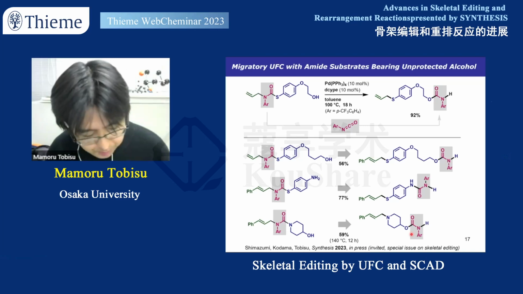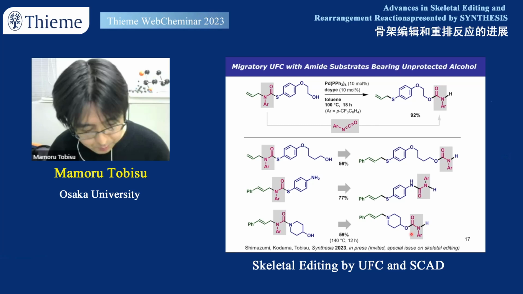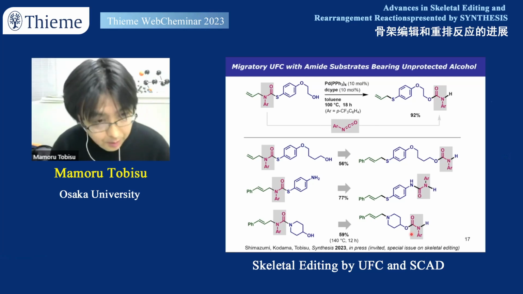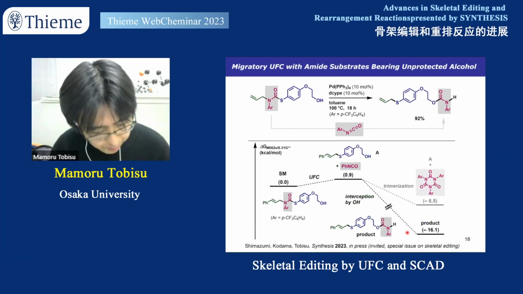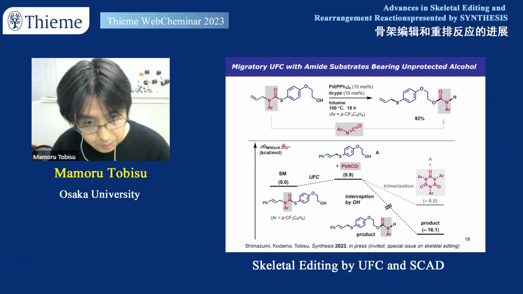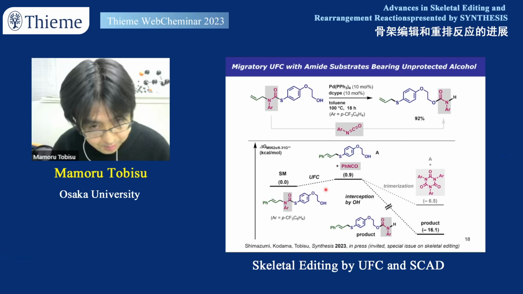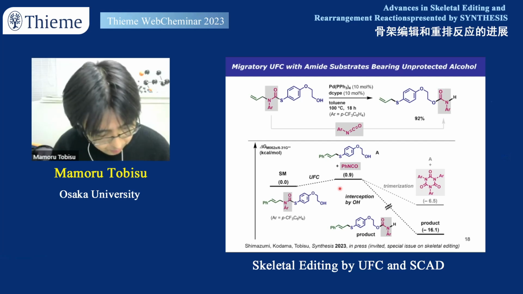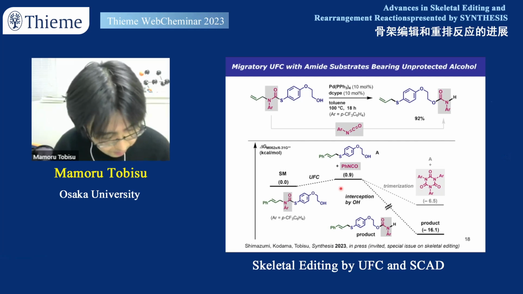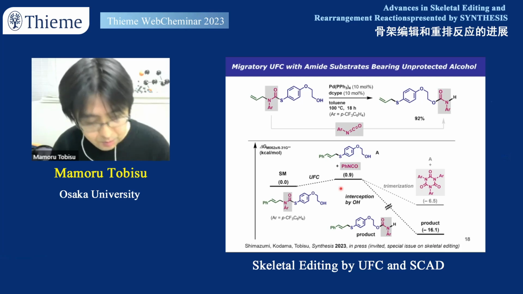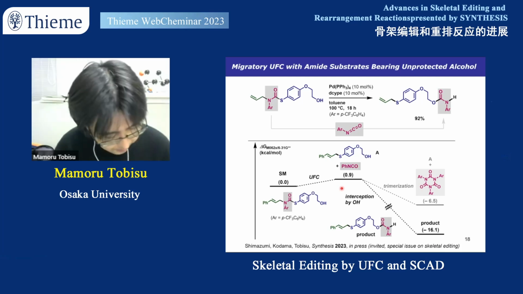Okay, so let me discuss the energy balance of this process based on DFT calculations. In the simple UFC of amides, the elimination of isocyanate is a slightly endergonic process. However, the subsequent trimerization to form a cyclic trimer makes the overall process exergonic, as you can see here.